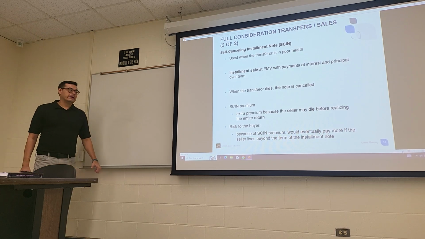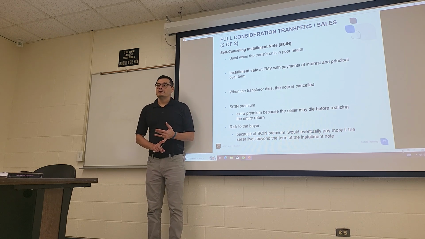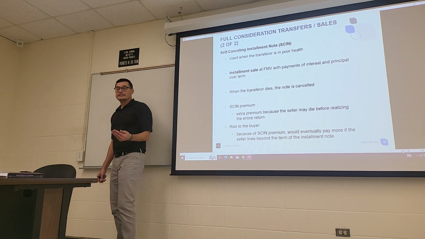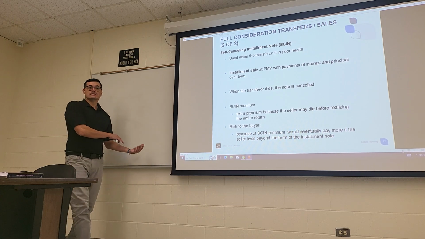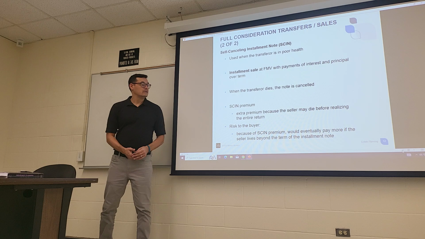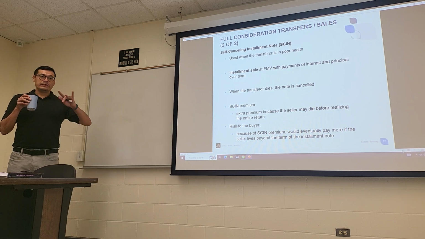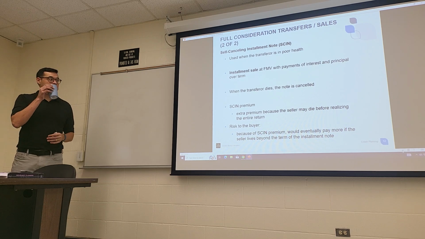Based on this premium, the risk to the buyer is that if the person lives longer than anticipated, they may end up paying more than the actual value of the business. These sound very similar, and we're going to talk about some of the differences between a private annuity and the SCIN.